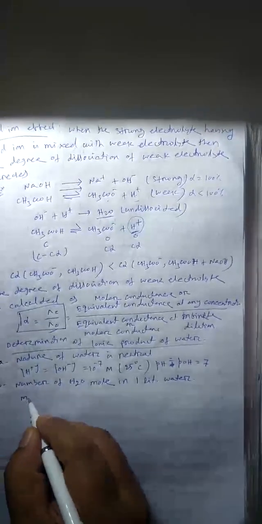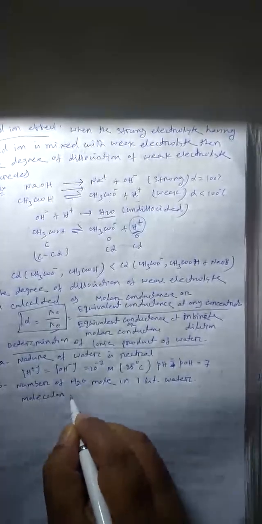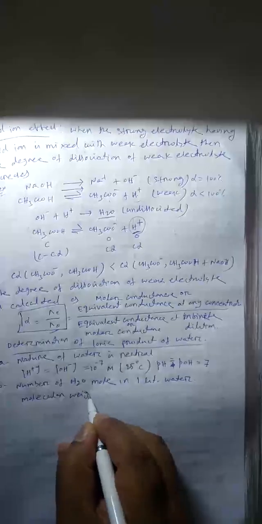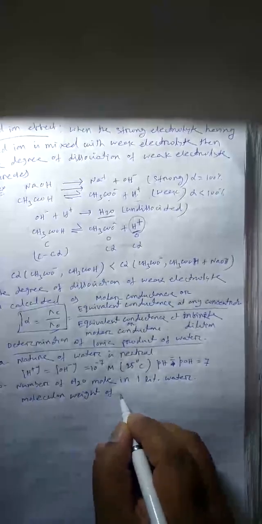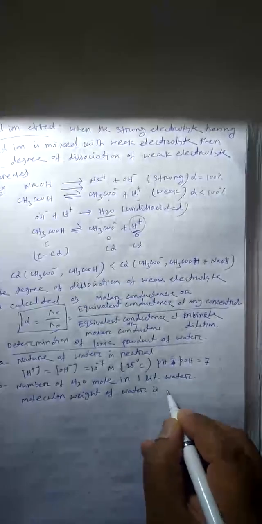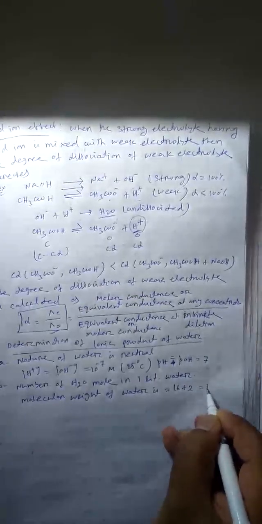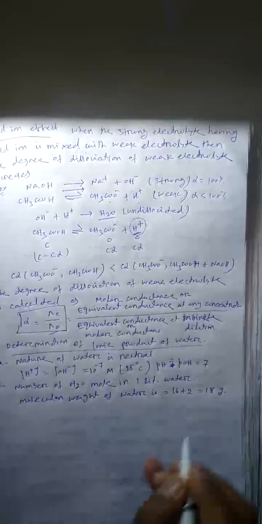The molecular weight of water is 18: 16 for oxygen and 2 for hydrogen, which is 18 gram molecular weight.